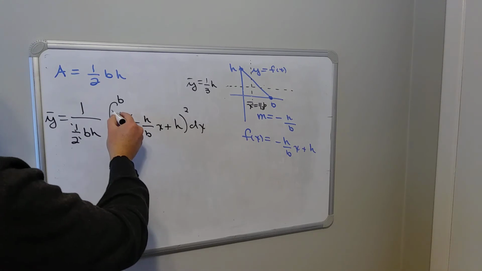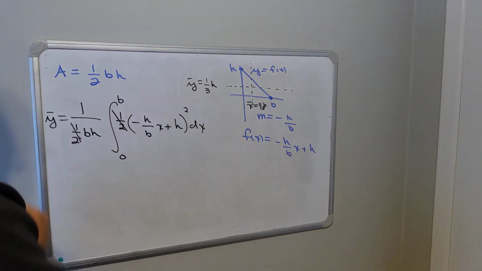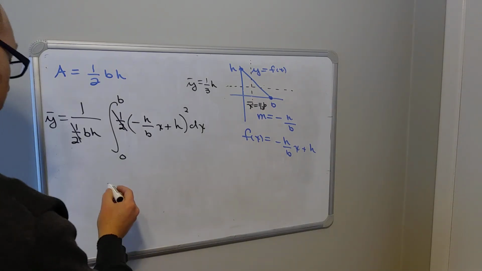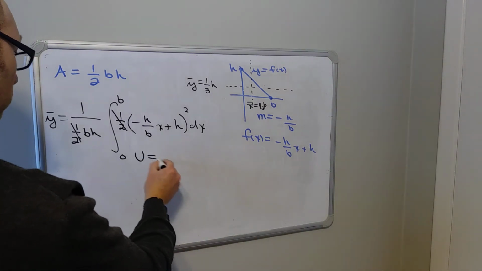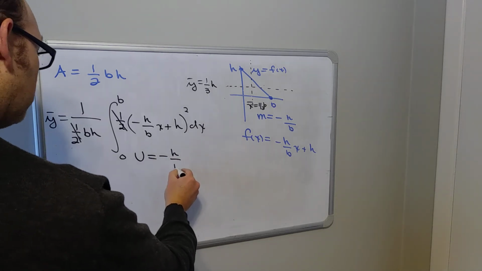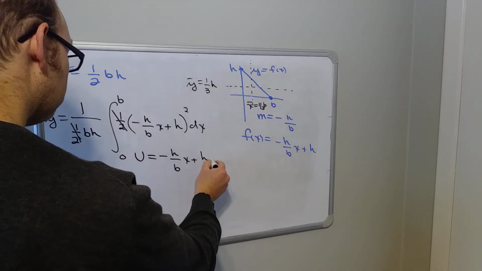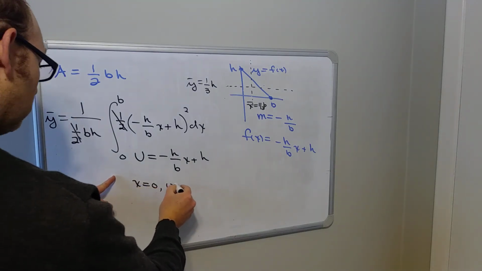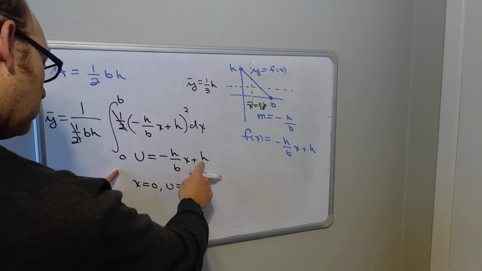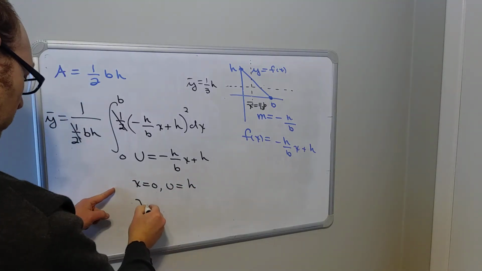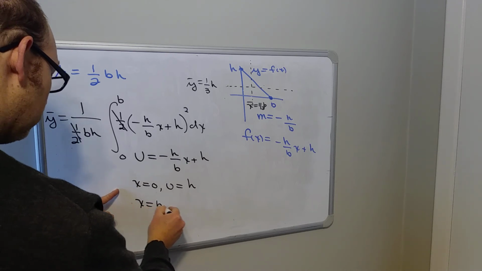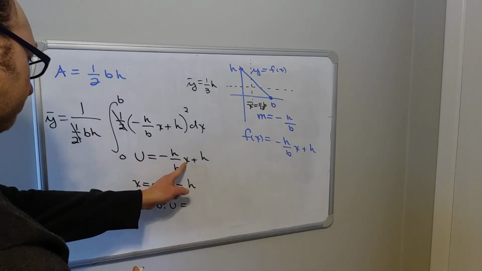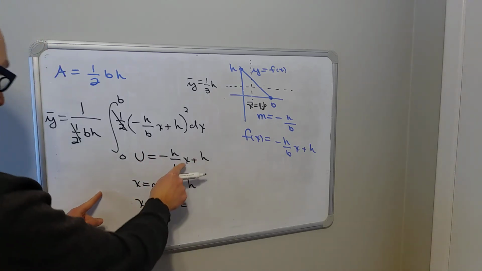Alright, so let's cancel out the 1/2s. And let's do a u substitution to really simplify this thing. So let's let u equal negative h over b x plus h. So when x is 0, u is equal to h. When x is b, u is equal to, when x is b, they cancel.